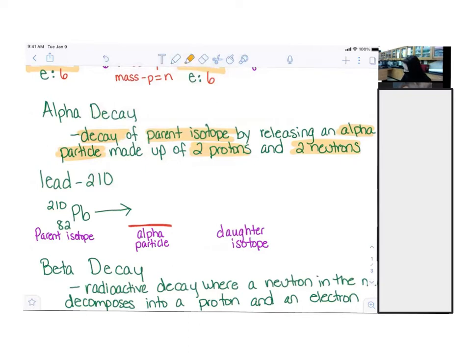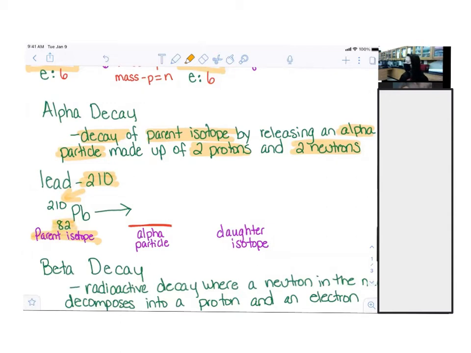I also have my parent isotope, which is the material that is decaying. I have it written in proper isotopic notation with the mass of 210 being my top number. And then I look on my periodic table to find that the number of protons, my bottom number, is 82.